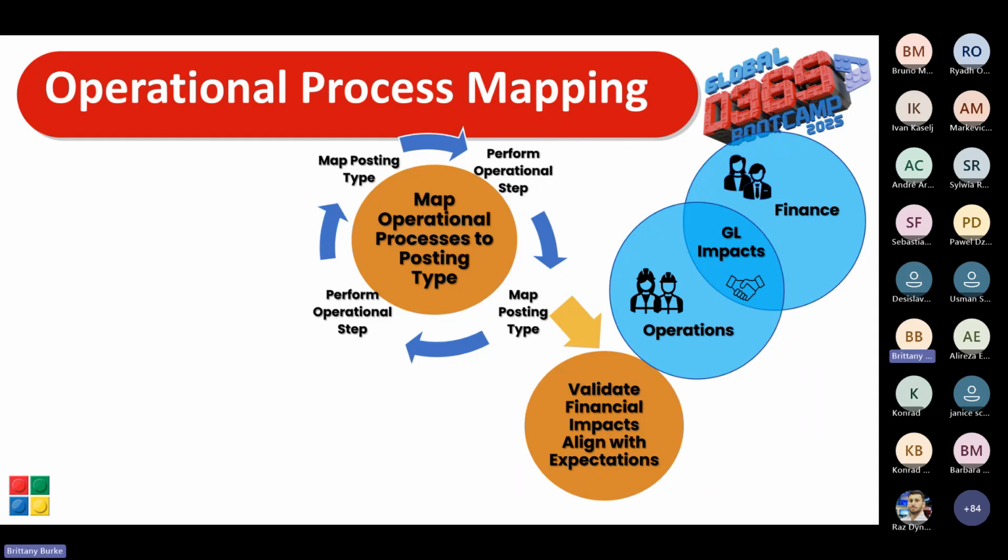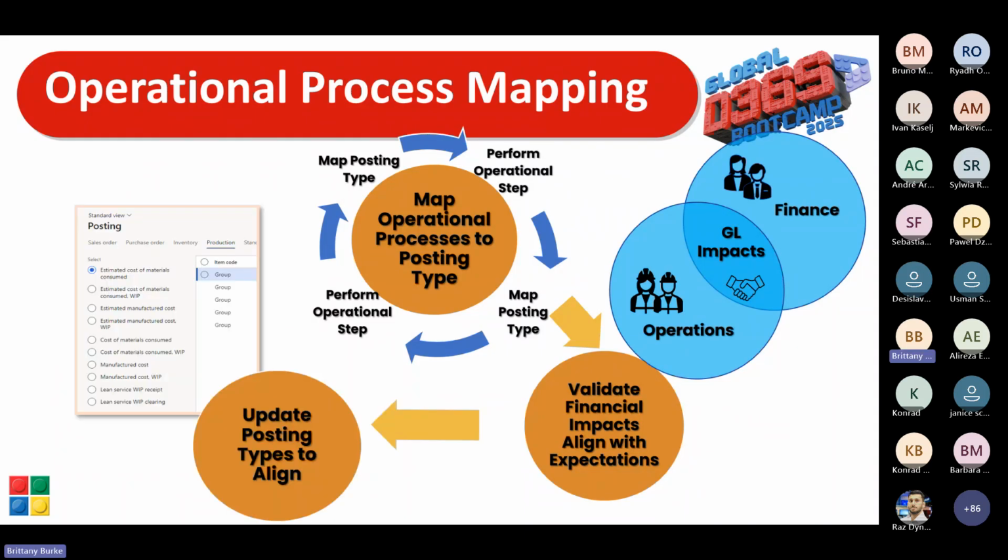And then again, at the end of the overall process, do they align with where we're expecting those balances to sit? If I've received inventory in, did I increase my inventory account? If I received inventory in and our inventory account did not go up as a result of the transaction, you probably have a problem, which is where you will start looking at your posting types and aligning them to those changes.